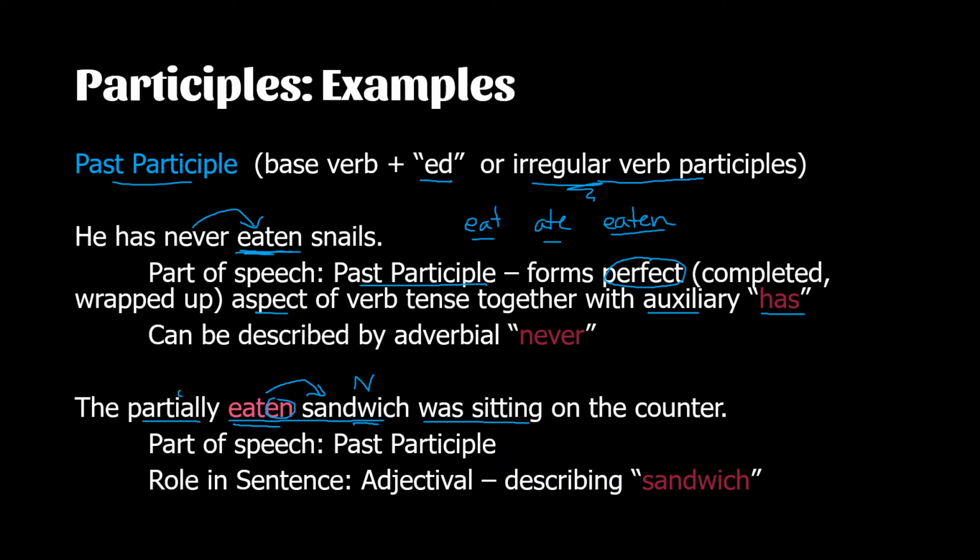Partially is an adverb that describes eaten, and the is a determiner. The partially eaten sandwich as a group is a noun phrase. It begins with a determiner and has a key noun in it. So then we know that this past participle has an adjectival function describing sandwich.